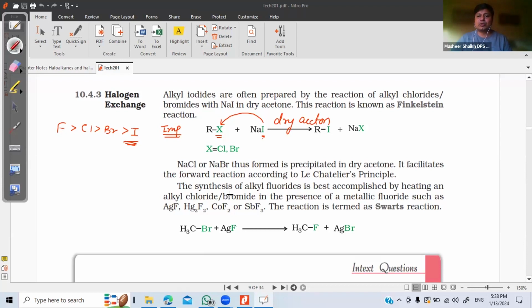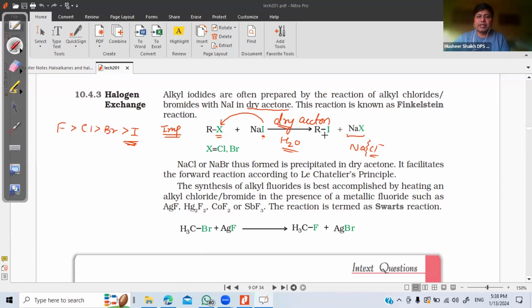Acetone as a solvent, it is there in the book. So NaX, say for example NaI. Why dry condition? Because if there is water, the water will break down NaCl or NaBr or NaF, and this Cl minus or halide will behave as a nucleophile.